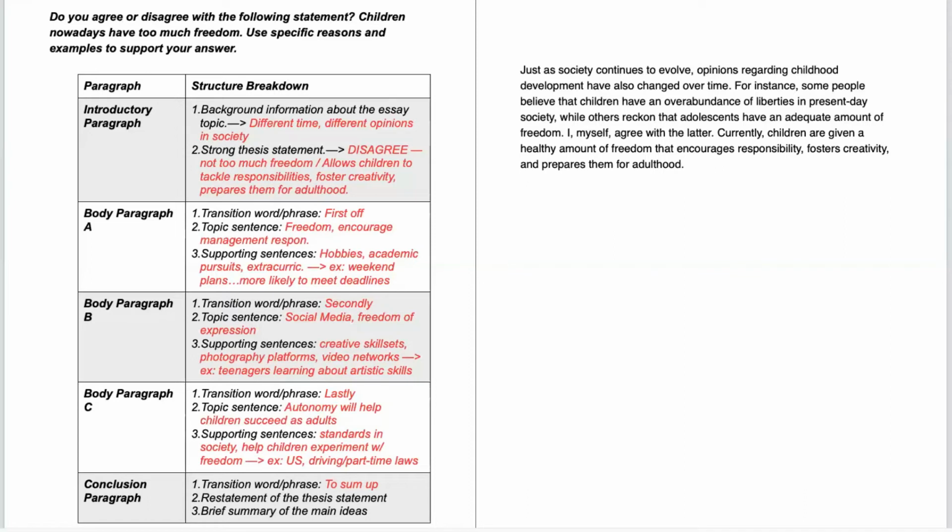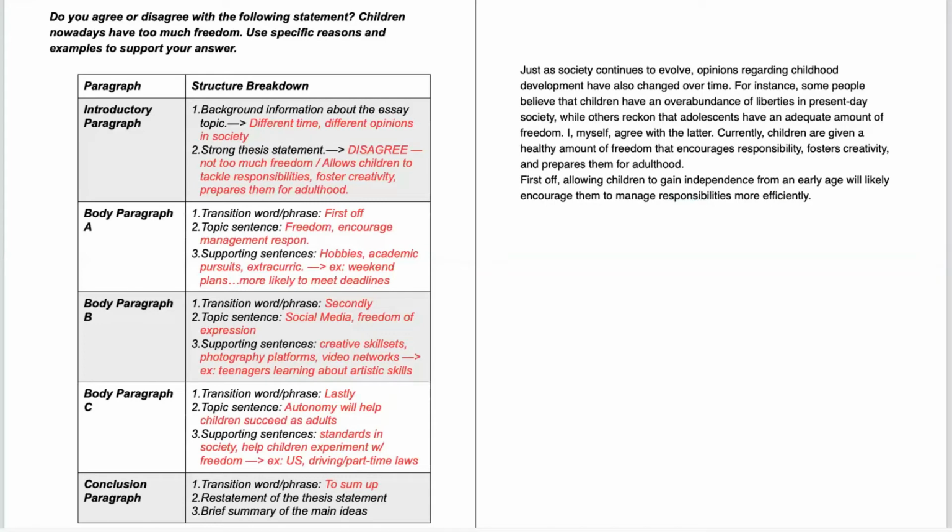Let's start writing the body paragraph A. I have my transition word and phrase and my topic sentence ready. So I'm going to say, "First off, allowing children to gain independence from an early age will likely encourage them to manage responsibilities more efficiently." Now I'm going to start with my supporting sentences.